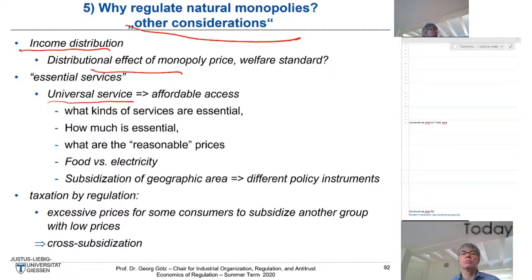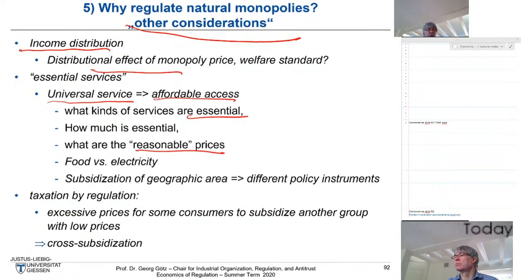Until say 20 years ago, when we started with the liberalization of telecoms, we had universal service, that every household should have, at reasonable rates, erschwingliche Preise in German, the possibility to have access to telephony. Okay, that would be affordable access. The question is, what kinds of services are essential? Now in our Corona times, you might think that gigabit broadband interconnection is an essential service, and that companies should provide this service.